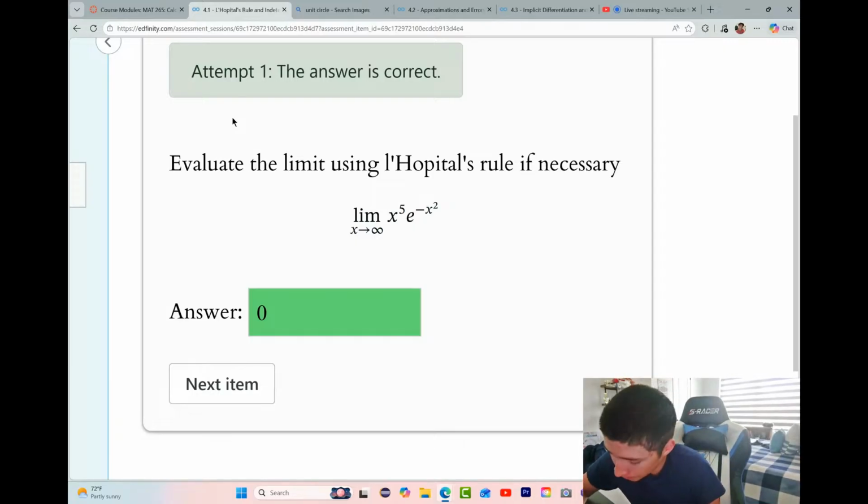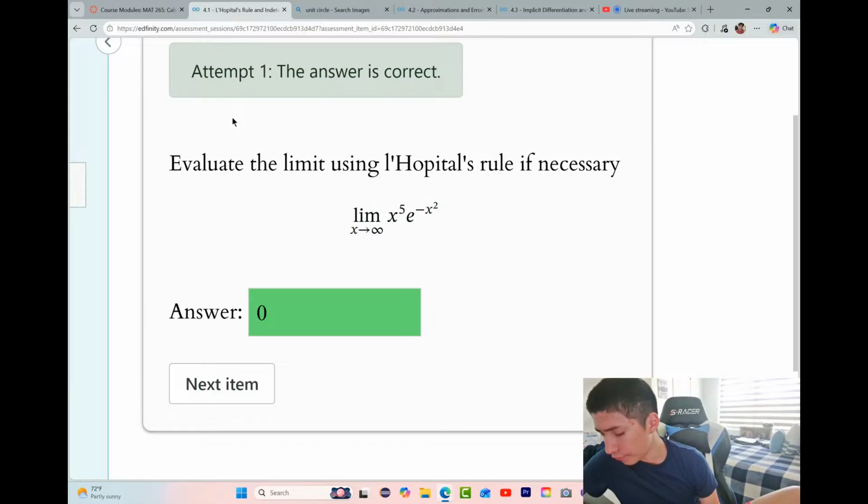So we have the limit as x tends to infinity of x to the power of 5 times e to the power of negative x squared. Oh, that's tough. So let's plug in infinity and see if we get an indeterminate form, which we obviously will. Infinity to the 5 is infinity, and infinity times e to the power of negative infinity squared.